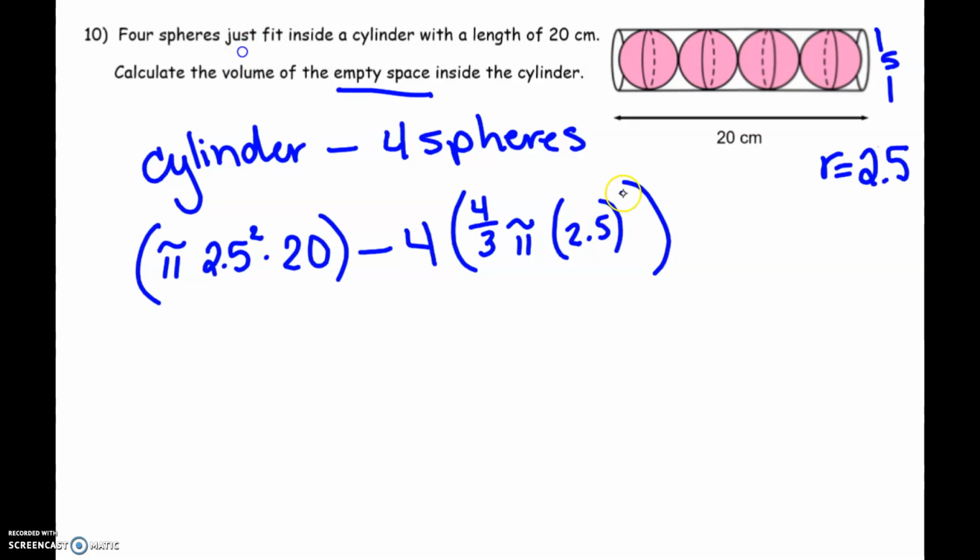We'll make sure that one's cubed. So we end up having to simplify 2.5 squared times 20. That's me at 125 pi for the cylinder.